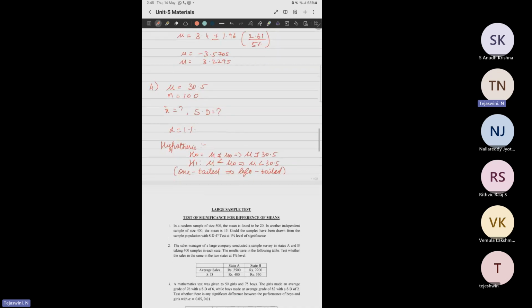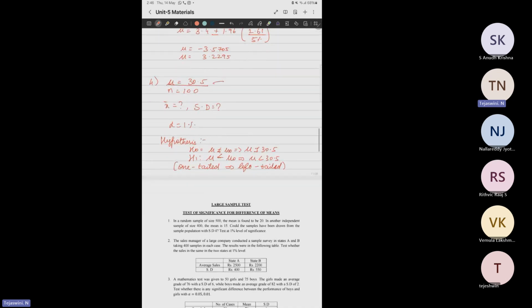So we have mu here, which is the population mean for all factories, and we have the number of factories here.